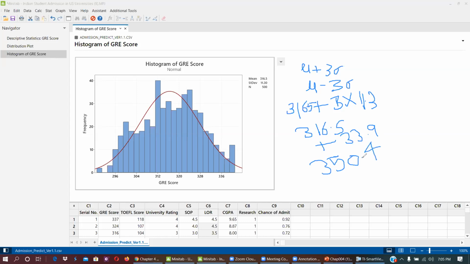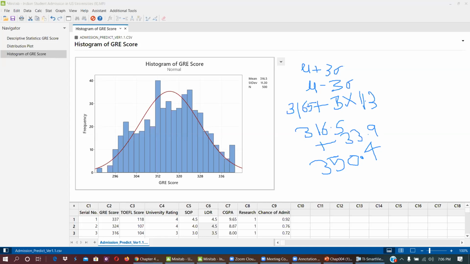So this is the upper limit, and what is the lower limit? So 316.5 minus 33.9. If I subtract this, how much are we going to get? Let me do this. Just a minute. Where's the calculator?